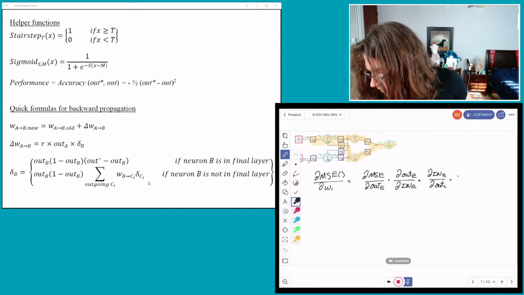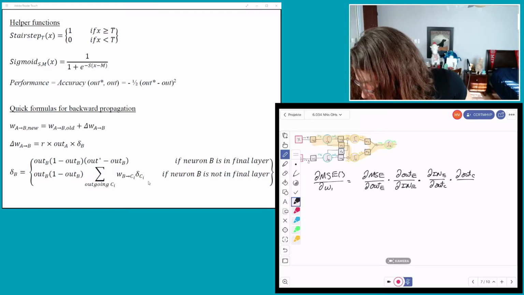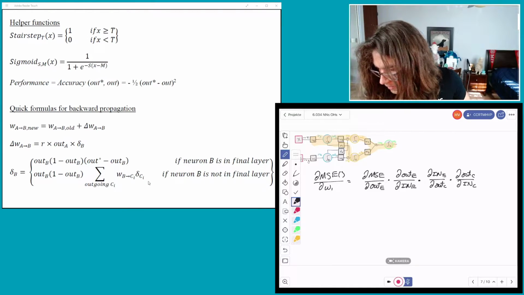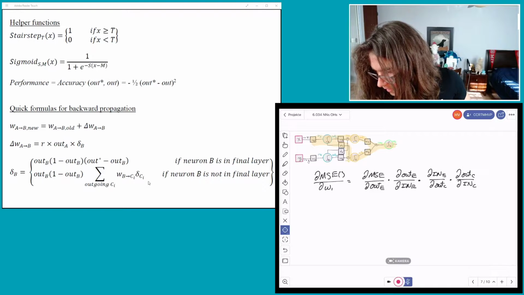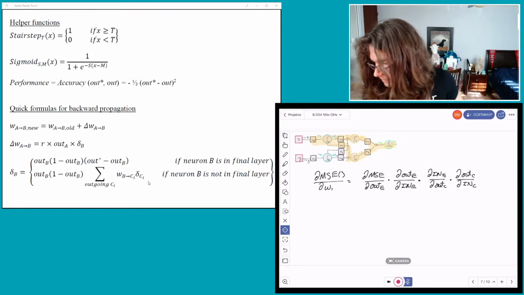And then this is the partial derivative of out C with respect to in C. Notice the pattern. I'm going output to input to output to input to output.